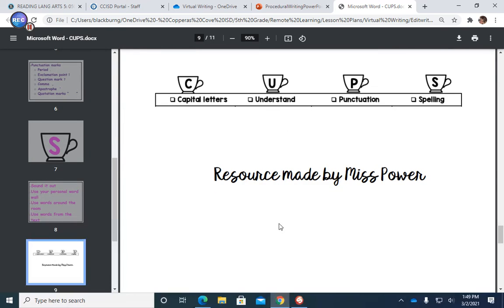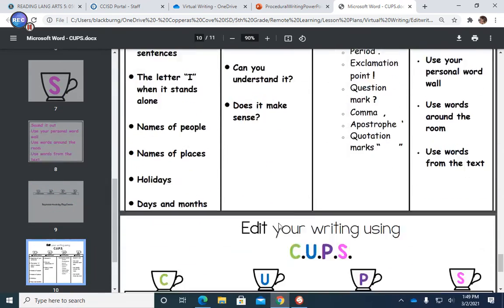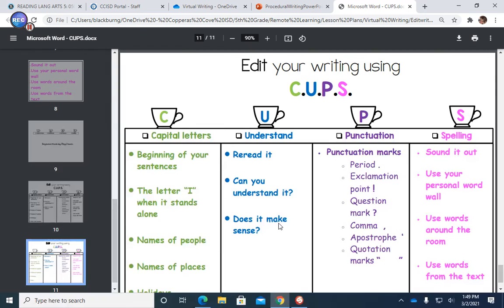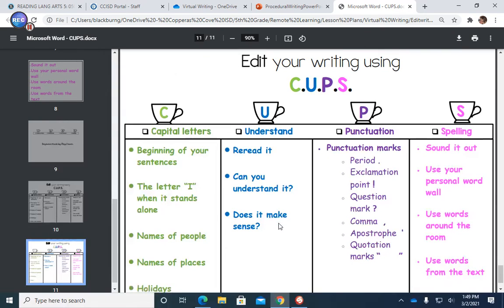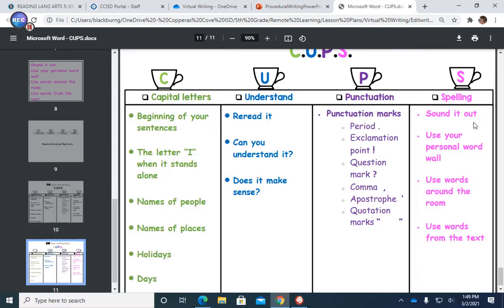Okay, so we have a nice little anchor chart here, and I will place this in Schoology for you on a puzzle piece, and it gives a nice layout of everything. You can see C stands for capital letters, and then it gives you some reminders on places that you would definitely want to capitalize things. U stands for understand.